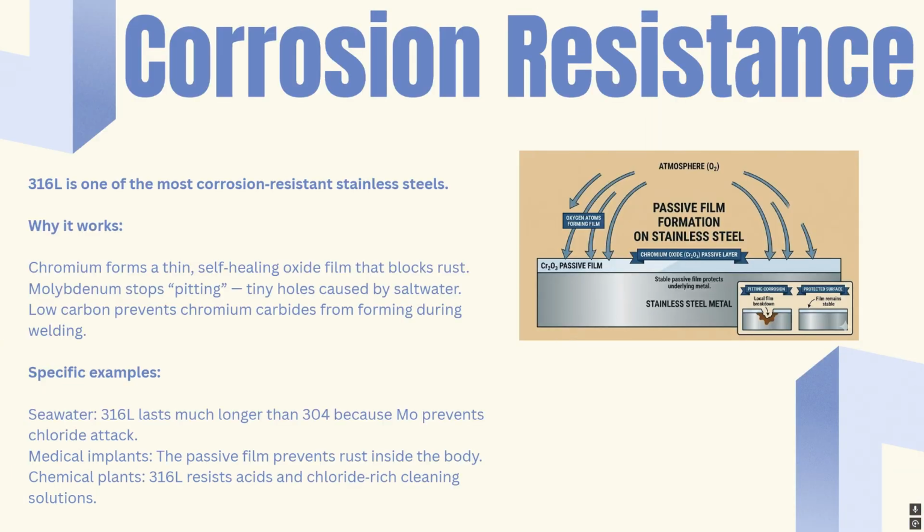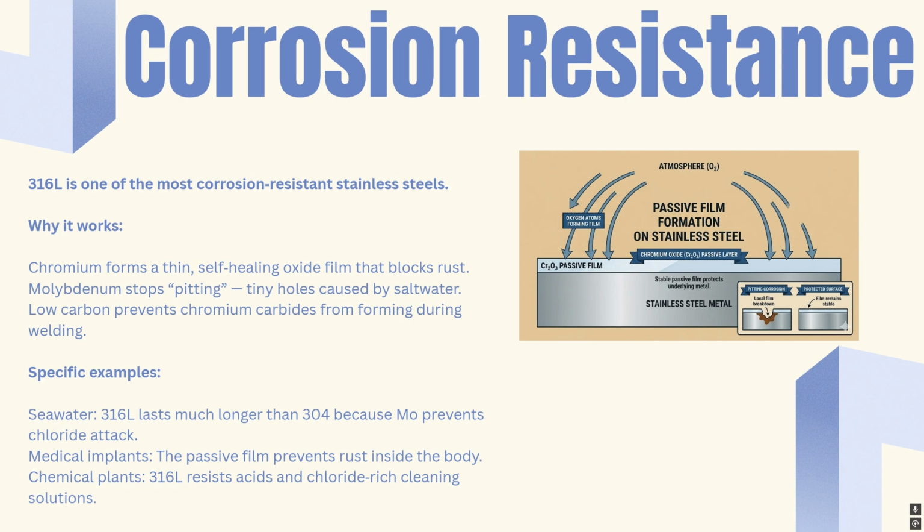Okay, another important thing that 316L has to have is corrosion resistance, and it's one of the most corrosion resistant steels. The way it works is that chromium reacts with oxygen to form Cr2O3, a protective film that protects it from corrosion. There's also pitting, which is tiny holes from chloride attacks.